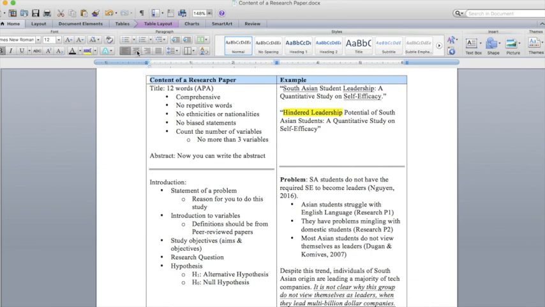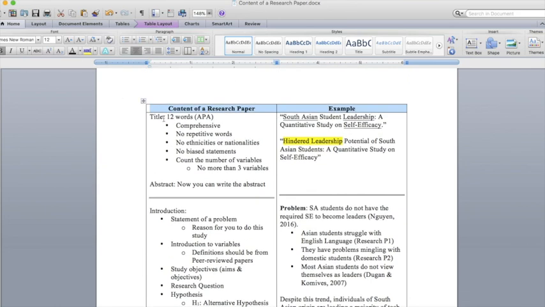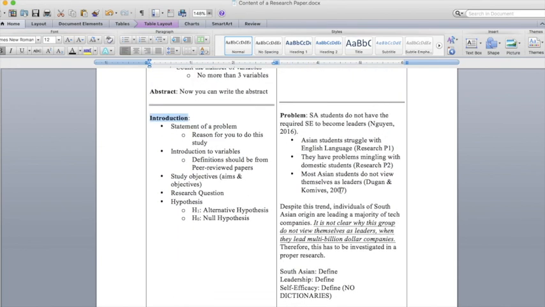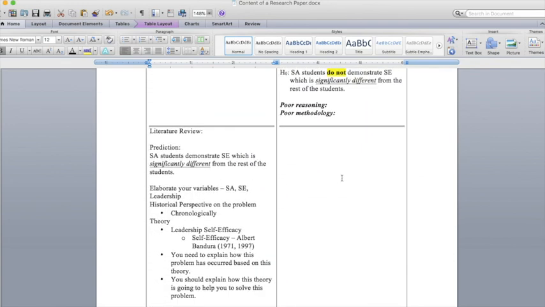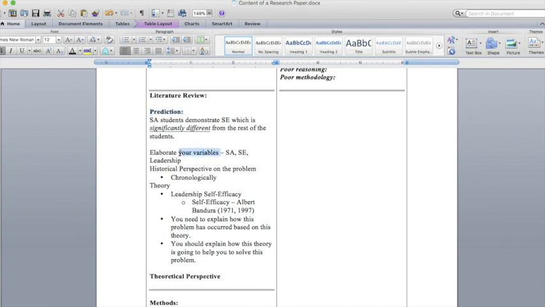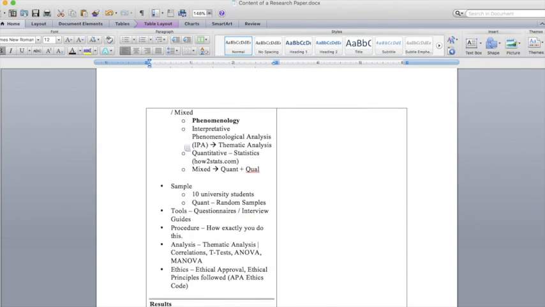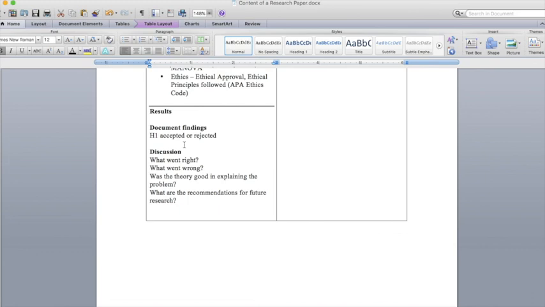So those things are completed now. We completed the title, we discussed the abstract, we did a bit on the introduction, right, and then we documented the problem very well, and then we discussed the literature review, how to do that, how to make predictions, elaborating variables, right, theory, historical perspective, theoretical perspective, and briefly on methods, results, and discussion.